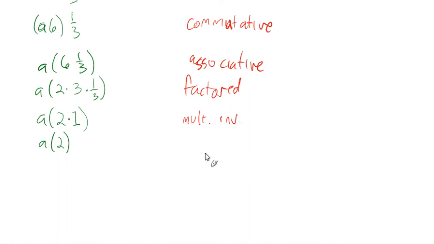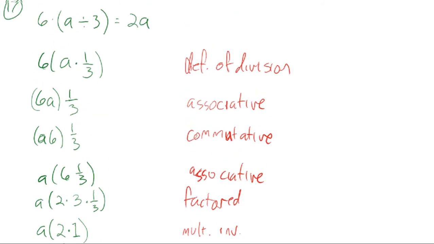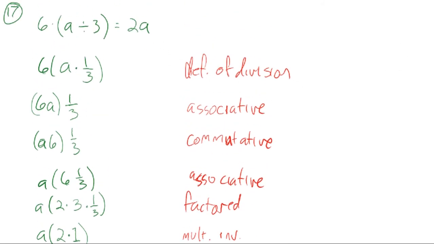That step we could say was multiplicative identity. And then a times 2 is the same as 2 times a. And that we would say is commutativity. And there we have it. That was commutativity. And we have 2a, just like we wanted to show at the very beginning.